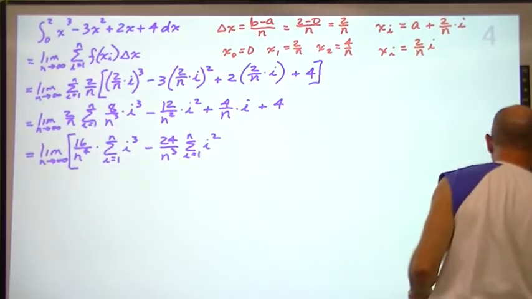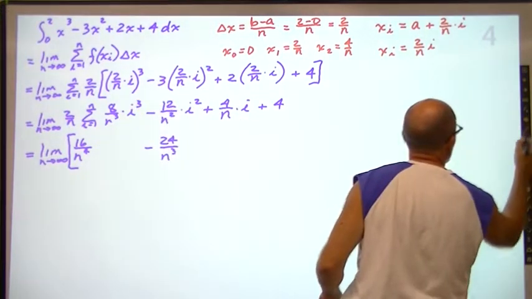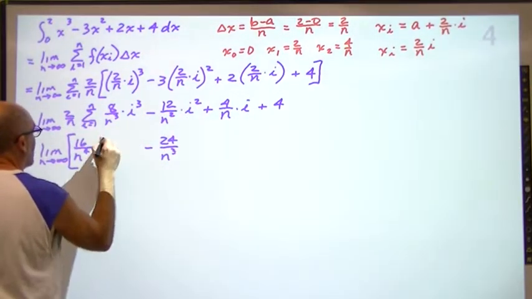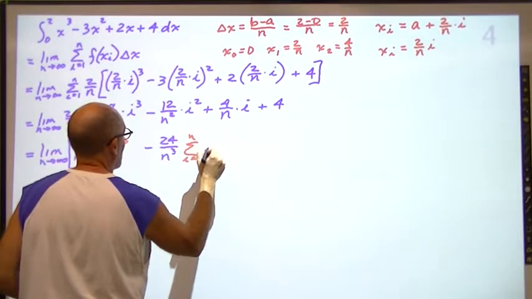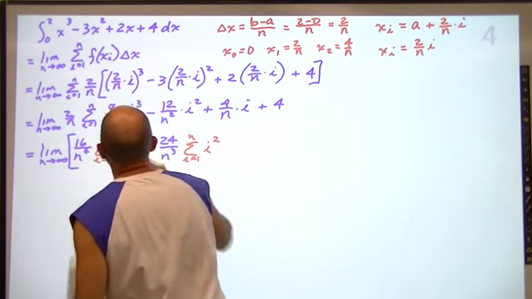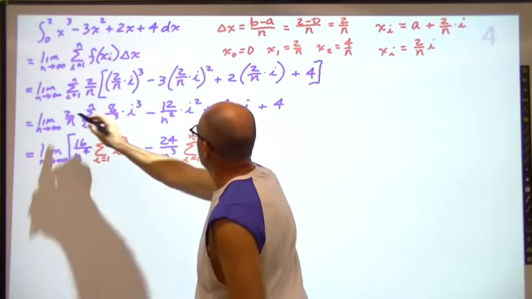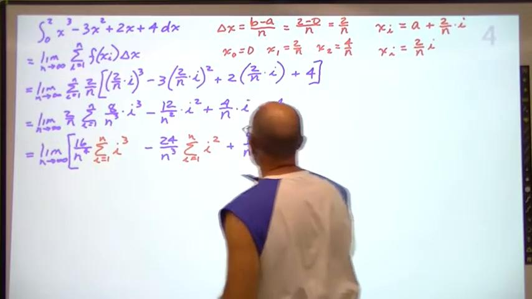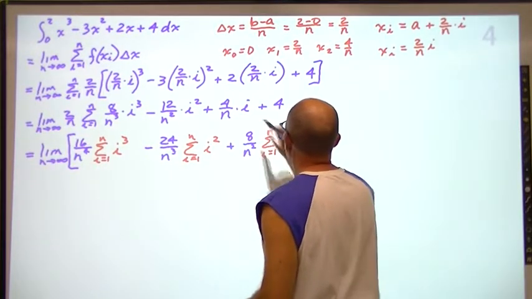Okay, so cruising onward, we have 2 times 4 is 8 over n squared times the summation from i equals 1 to n of i.